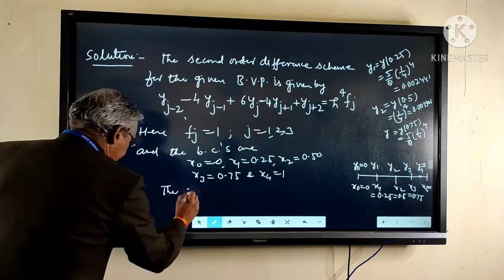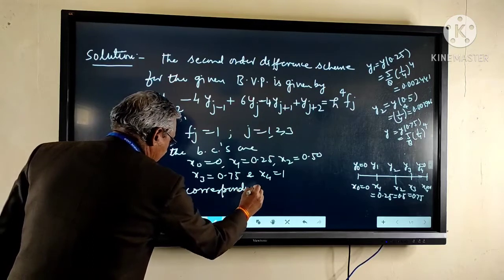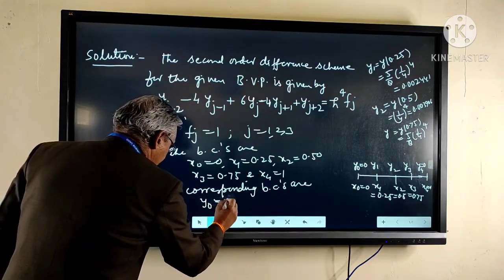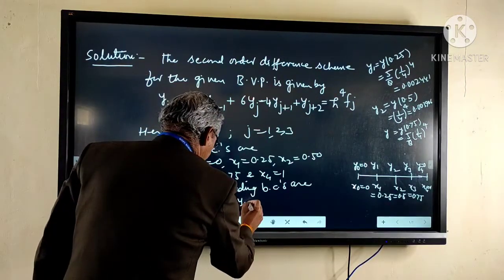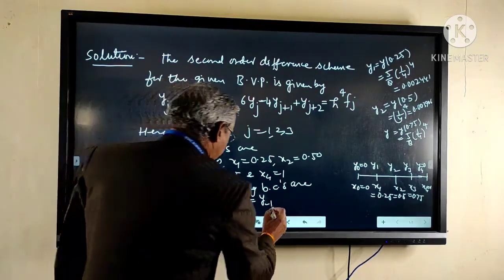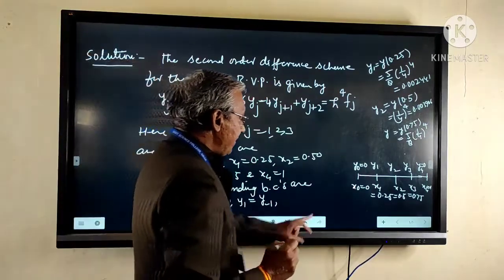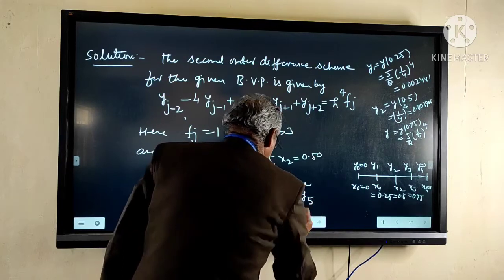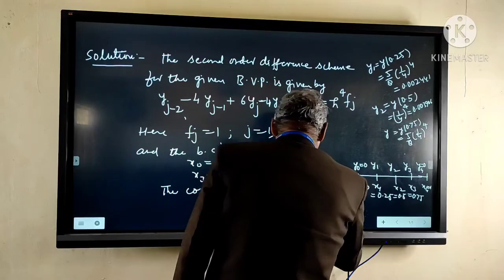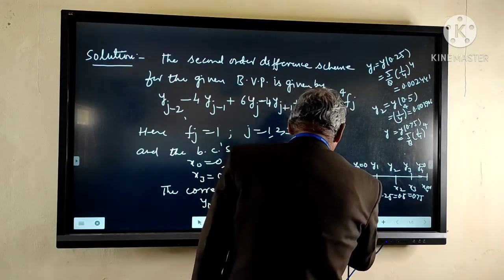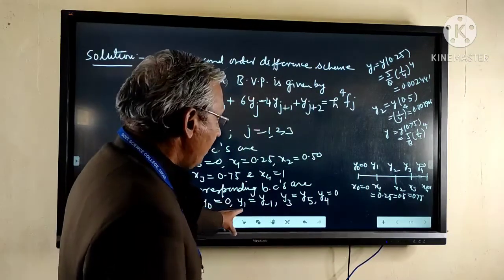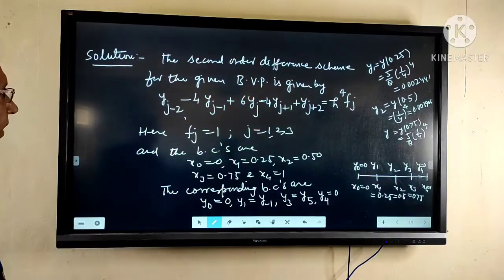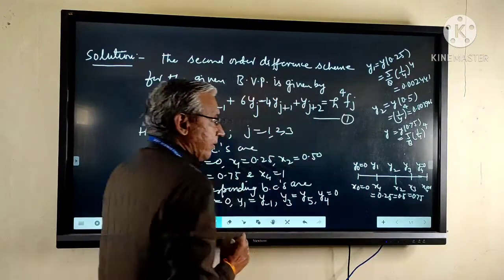The corresponding boundary conditions are y0 equals 0 and y4 equals 0, and y_{-1} equal to y1, and y5 equal to y3. Suppose this is equation number 1.